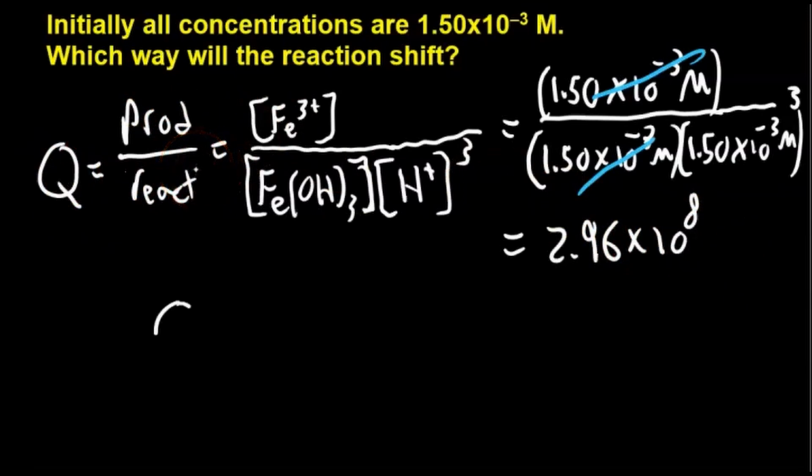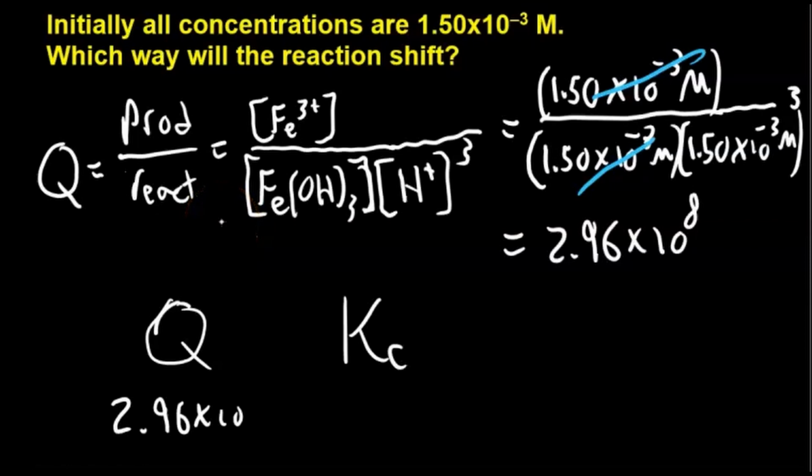So if we look at Q and compare it to Kc, the equilibrium constant: Q is the ratio of products to reactants where we are now, and that ratio is 2.96 times 10 to the 8. You could think of it like that, divided by 1.